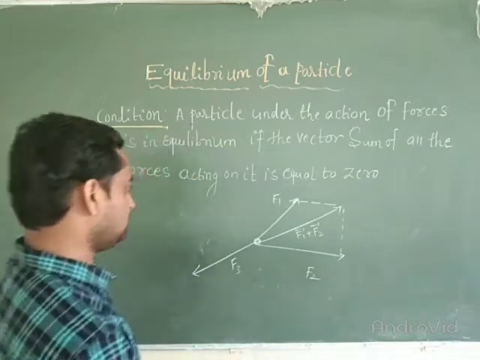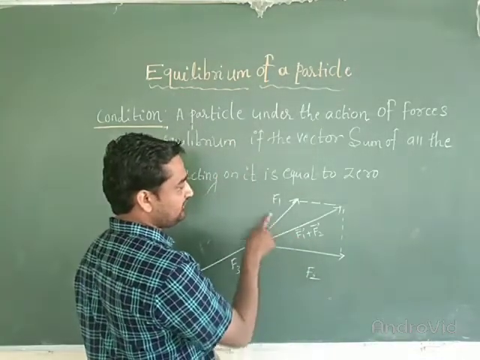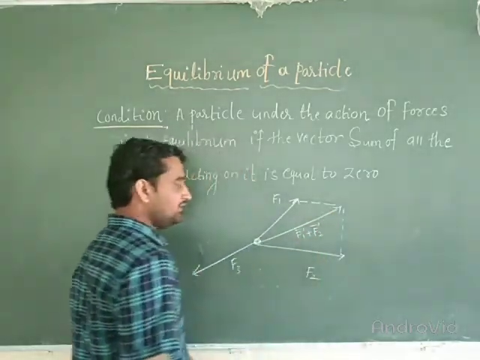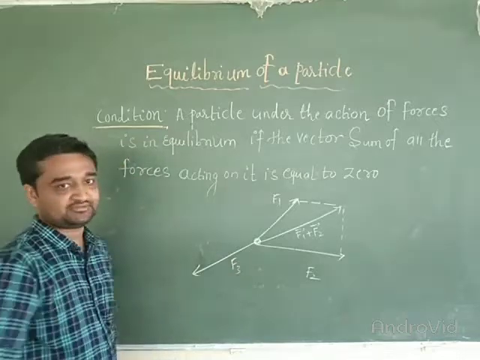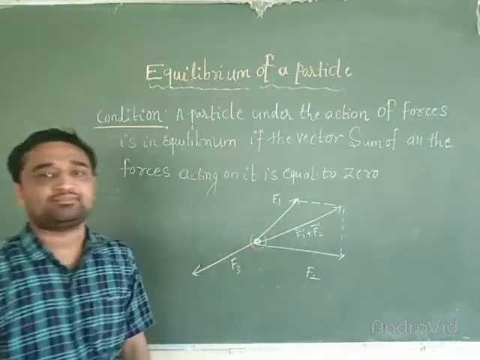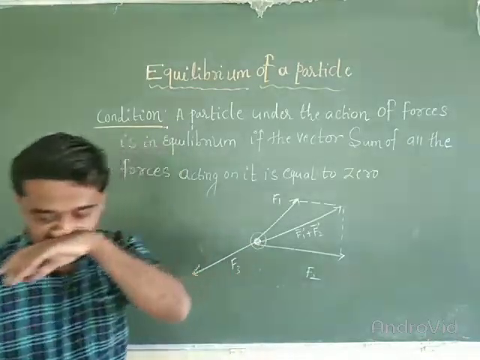So now here the two forces F1 plus F2, that is the resultant of F1 and F2. The resultant comes in this direction, and F3 in this direction. So when we say that this object is in the state of equilibrium, the vector sum of all the forces acting on it is equal to 0.